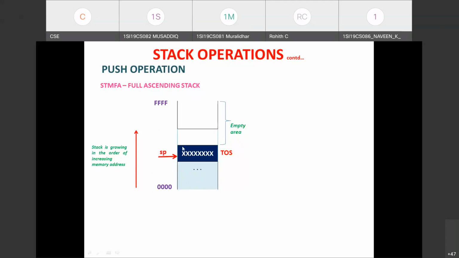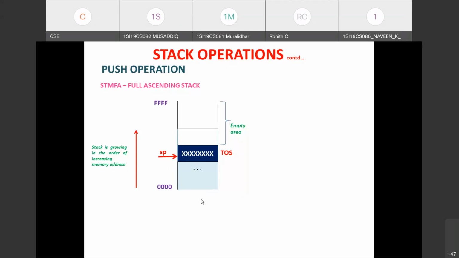Already SP is pointing to the last element inserted. So first we need to perform what operation? This is an ascending stack, so what is the update to the stack pointer I have to do? Should I insert the data first or should I update the stack pointer? What should be done first?